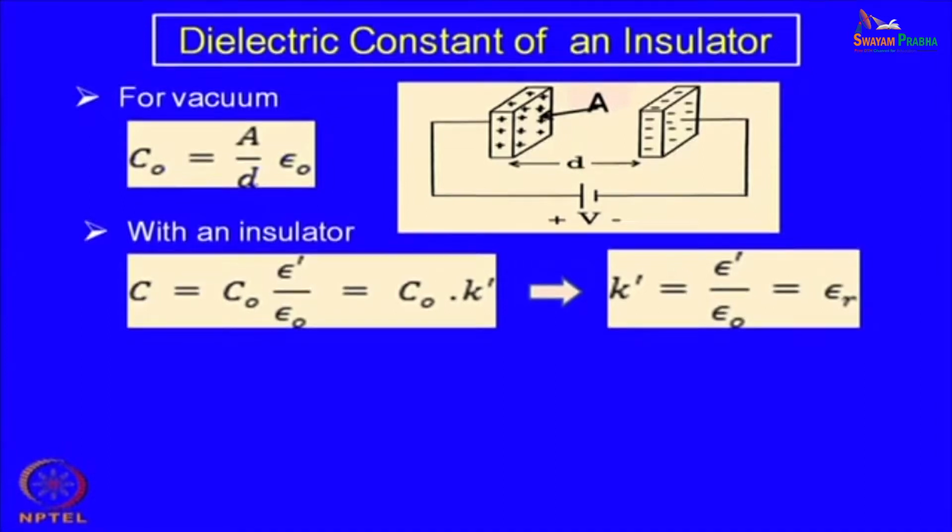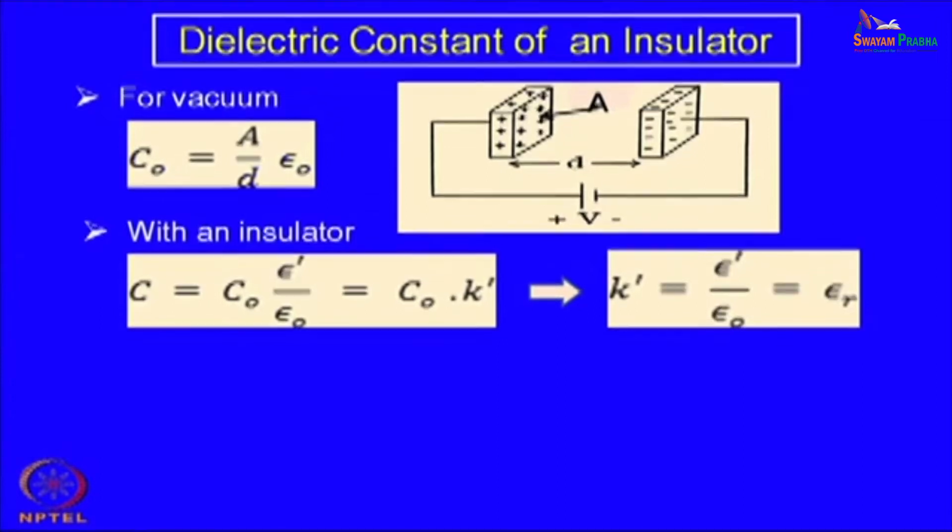The relative permittivity, or K prime, is also called the dielectric constant. In some places one can see only K, but K prime is a better representation, which will be clear when we discuss later why we are using K prime. But in much literature you will also find just K as the dielectric constant, and epsilon r as the relative permittivity, which are basically the same quantity.